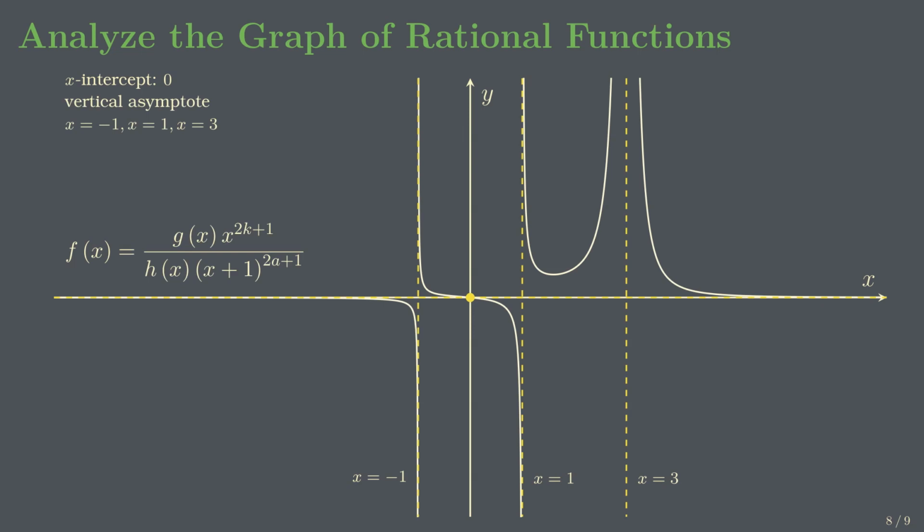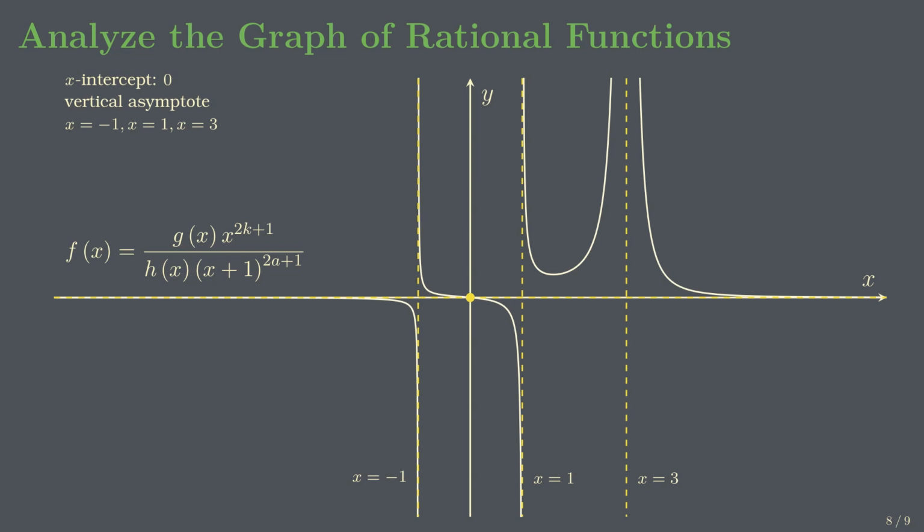And moreover, we have 3 vertical asymptotes, x equals minus 1, x equals 1, and x equals 3. Then here, let's take a look at the first asymptote, x equals minus 1. We see that the graph approaches x equals minus 1 in different directions depending on whether x approaches minus 1 on the left or on the right.